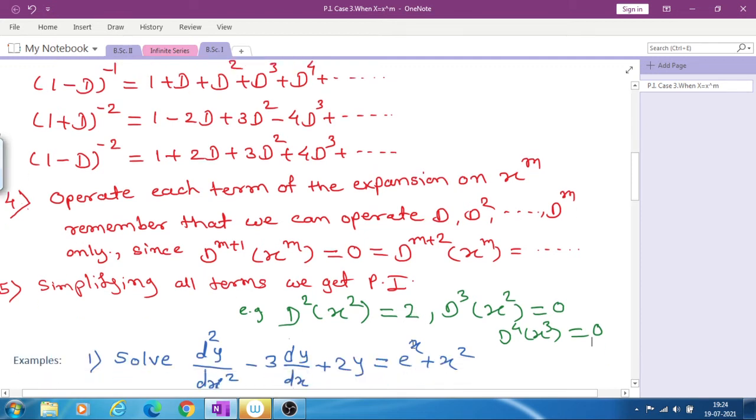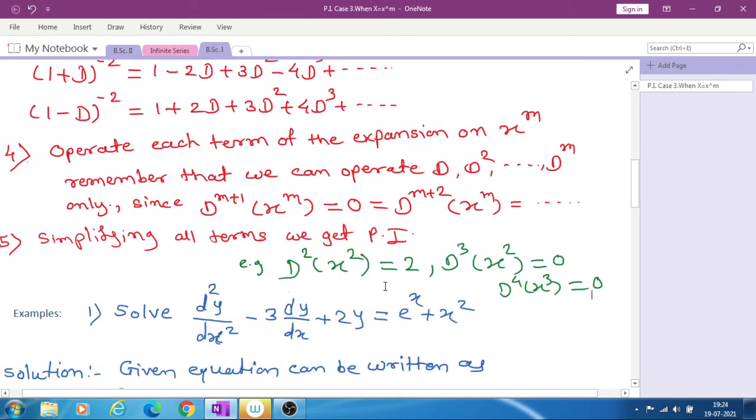So we have to see what the power of x is, and those powers of d we can take, and the powers more than m plus 1, m plus 2, we do not take, since when we operate that power of d on x raised to m, we get 0.